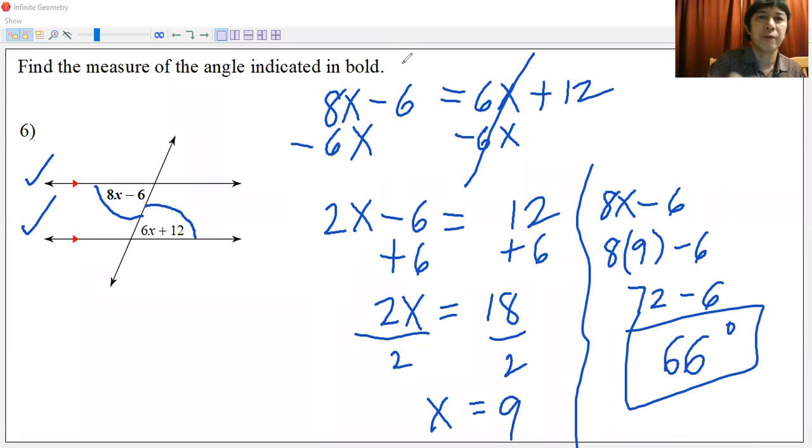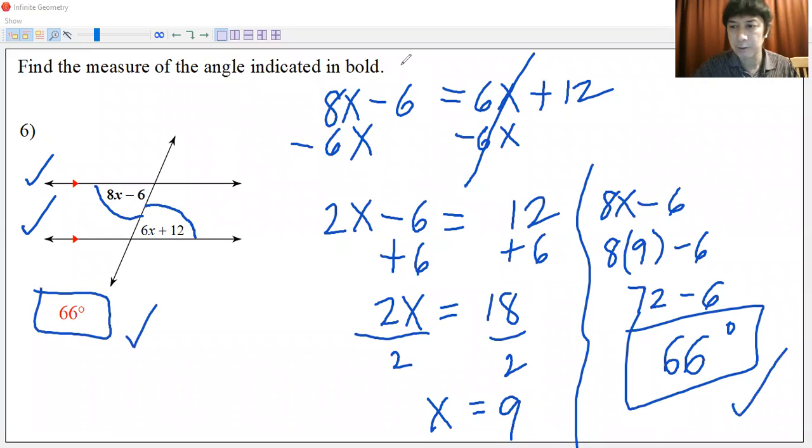And so we can verify that. Looks like our answer is correct. 66 degrees. Okay, this is how to solve for angles expressed in algebraic equations or algebraic expressions. That's it for number 6. Let's continue with the next number.